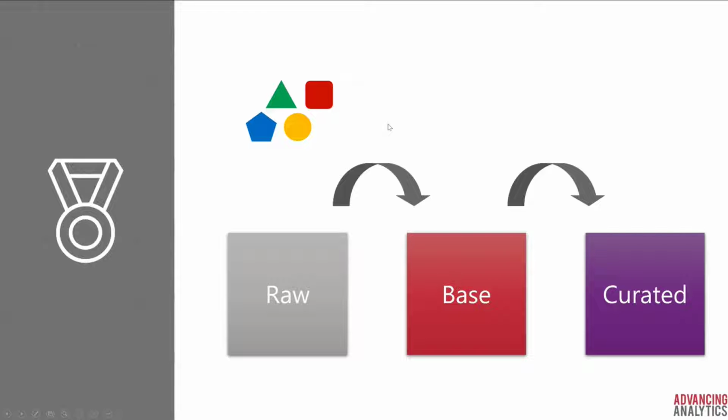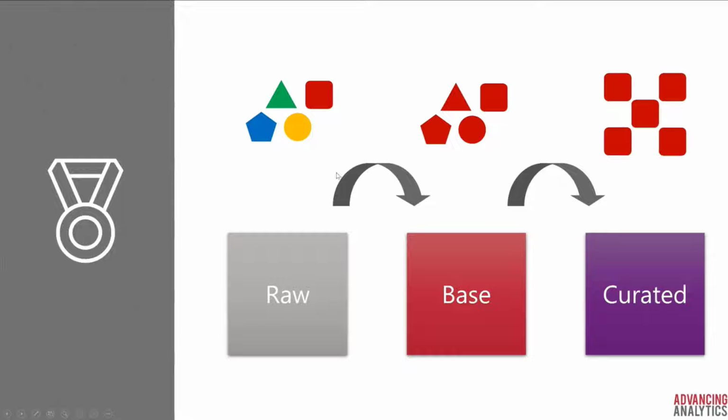Then next we have the silver or the base layer. And this is your validated single source of the truth, really. Transformation and data quality rules have been applied at this stage, and that provides the business with a trusted and enriched data repository. And then finally, we have the gold or the curated layer.